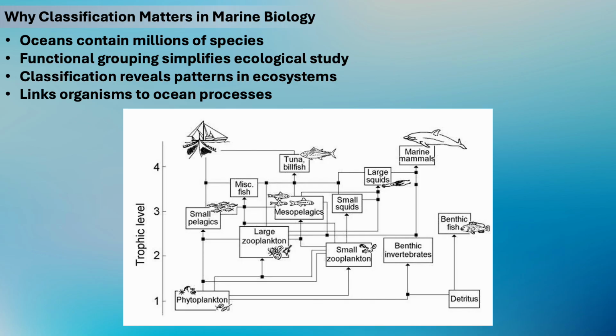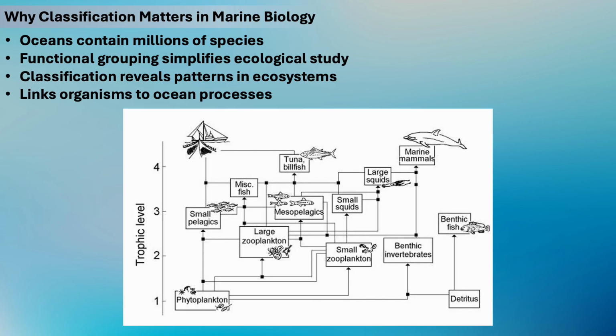For example, changes in ocean circulation can influence the distribution of drifting organisms. Similarly, disturbances to the sea floor may affect organisms that live on or within marine sediment. By grouping organisms according to ecological function, we can better understand how environmental changes influence entire communities.